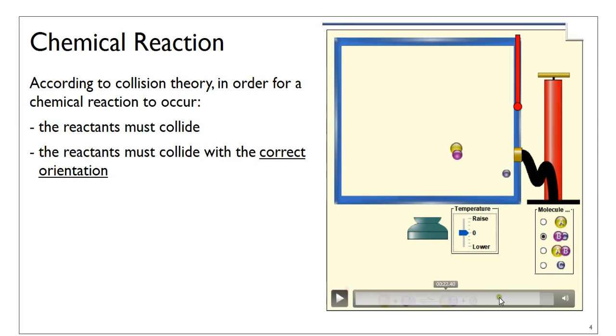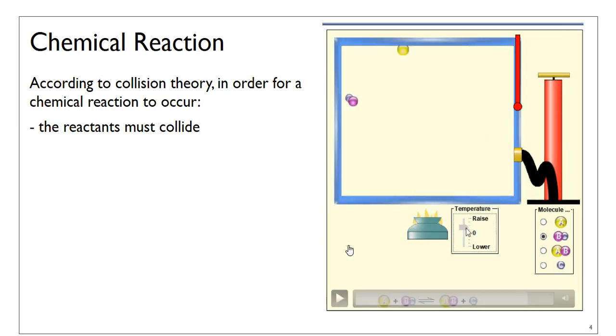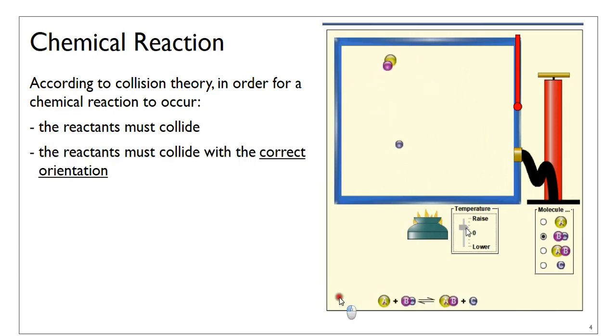Okay, so the second condition, and let me just go back for a second, is that even though they collide, that doesn't necessarily mean a product will be formed. The second condition is that the collision must occur with the correct orientation. So you can think of it this way. Essentially, in this particular example, the collision has to occur right here.